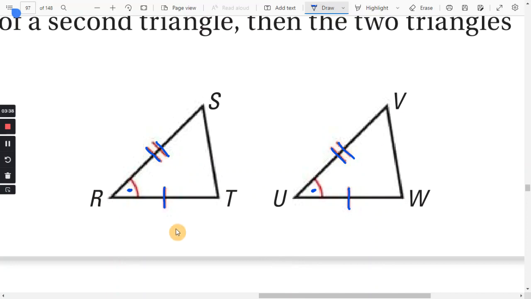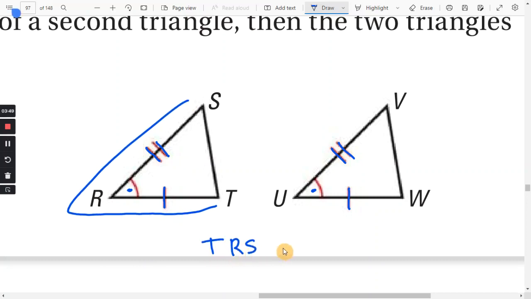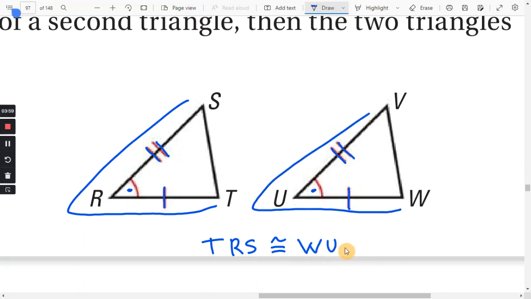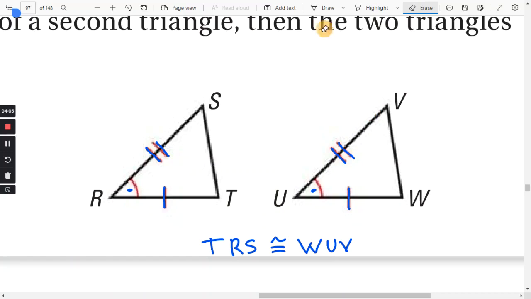Now, if you want to name these, you have to do them the same way. So we can say T, R, S, and that's congruent to, on the other side, W, U, V. And like we said before, you can do it a different way if you want, as long as you match them the same way.